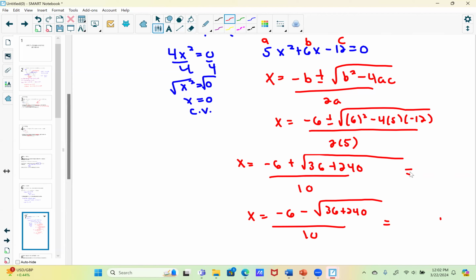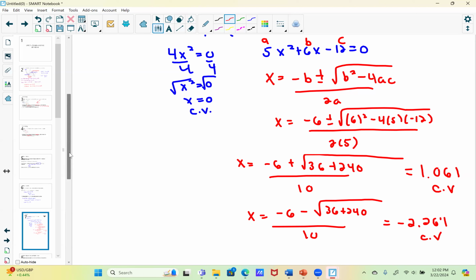Okay, so I get 1.061. I'm going to do 3 decimal places. Just follow whatever the homework asks you to do. And my second one is negative 2.261. Okay. So these again are the critical values.